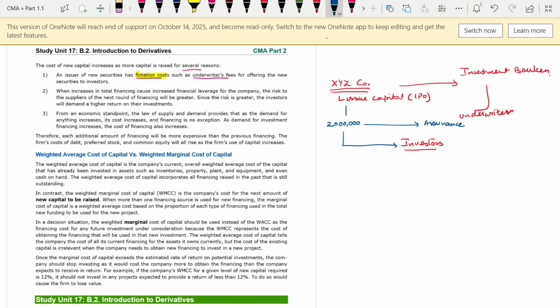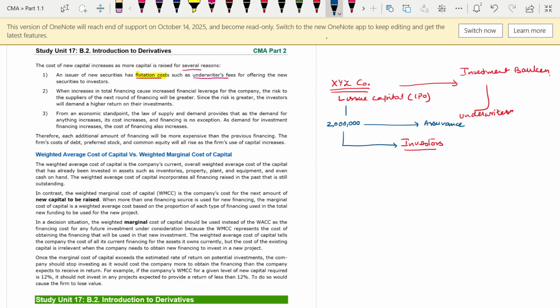I am giving you an assurance that yes, I am here. Investors will not only see the firm but also see who the underwriters are. If big credible investment bankers are the underwriters, then the investors' confidence will increase.